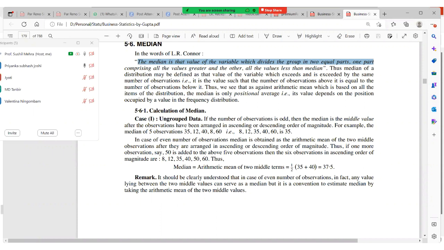We also call the median and other partition values positional averages. There are some other partition values similar to the median that we will do after doing this median part.